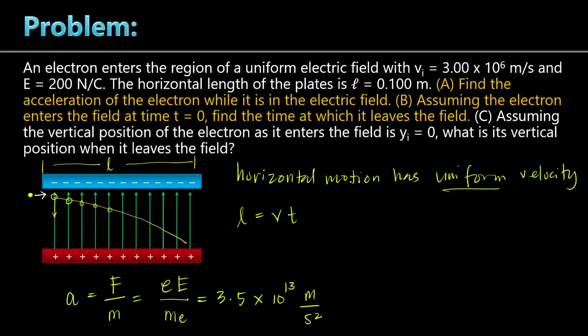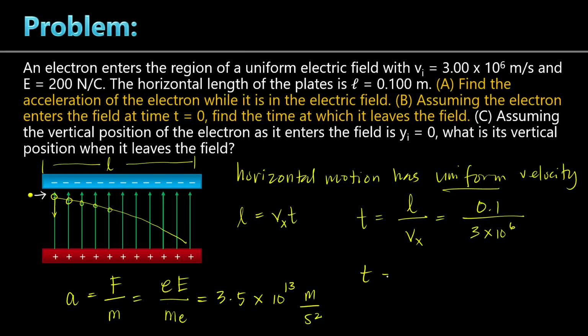To indicate that this is along the horizontal, lagyan natin dito ng subscript na x. Now, to solve for the time, t is equal to the distance traveled, L, divided by the velocity along the x-axis. So, this is 0.1 meters, so 0.1 divided by yung velocity niya, 3 times 10 raised to 6.